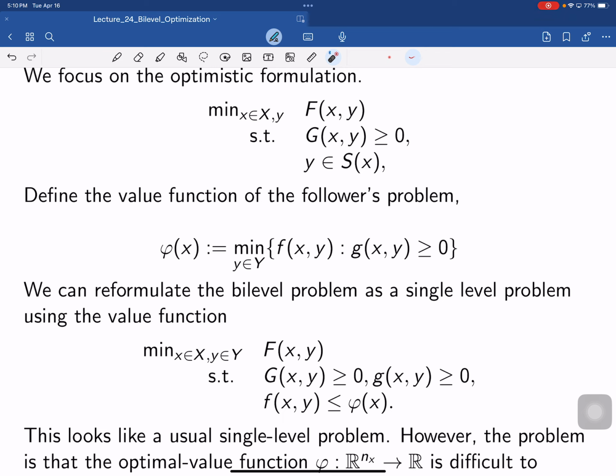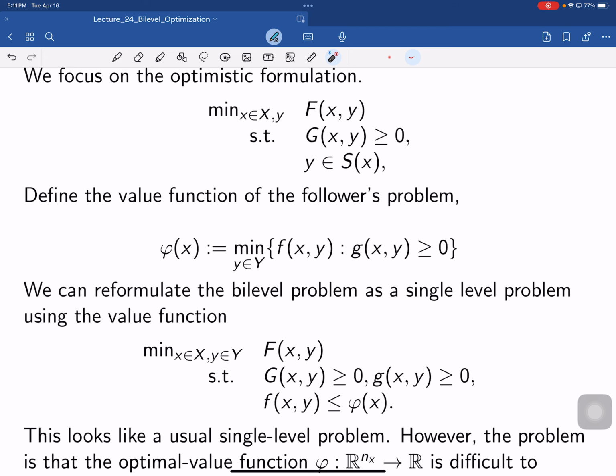You have the constraints of the leader's problem, the constraints of the follower's problem, and also the objective value of the follower's problem has to be less than or equal to phi of x in order for this response to be optimal.